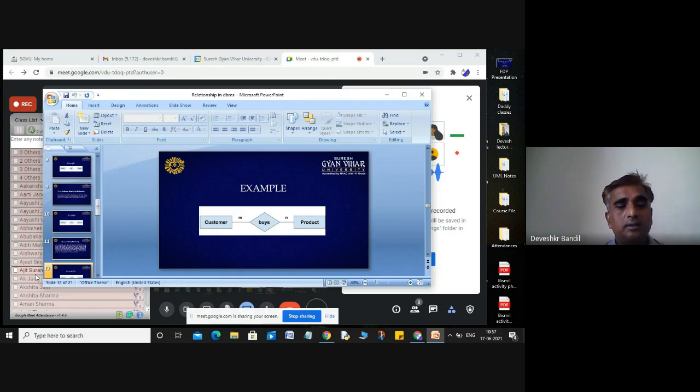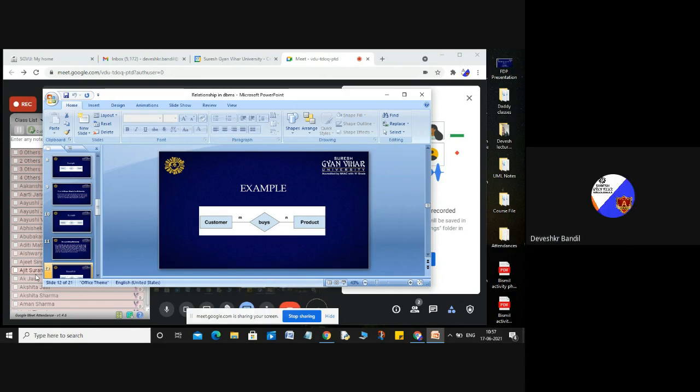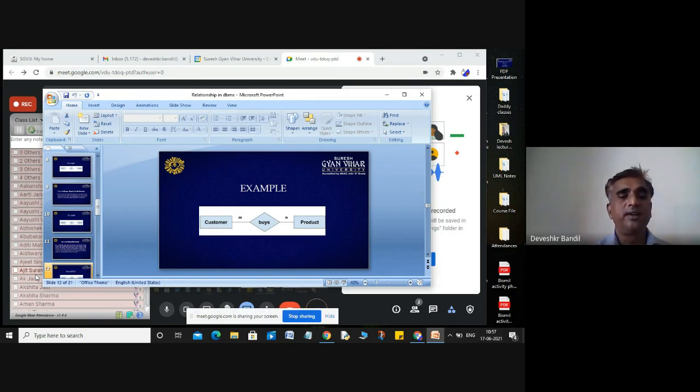You can take other examples of one to many, where you take two entity types. The first is the customer entity type, and the second is the order entity type, and that is a one to many relationship from customer to order, because one customer can place more than one order.